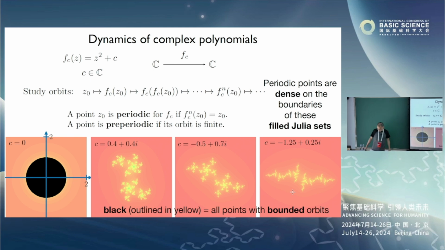And in complex dynamics, the topology of this kind of thing has been studied for a long time. For example, people study whether the Julia set has positive Lebesgue measure or not. And the answer is yes. You can find some polynomials such that the Julia set, which is the boundary of the filled Julia set, has positive Lebesgue measure.